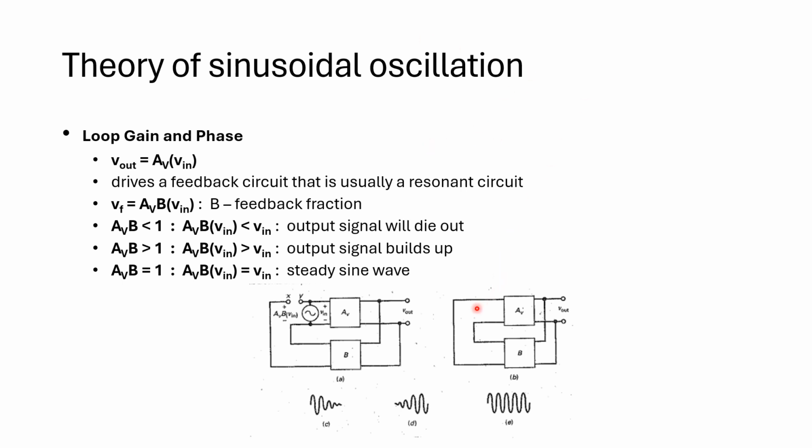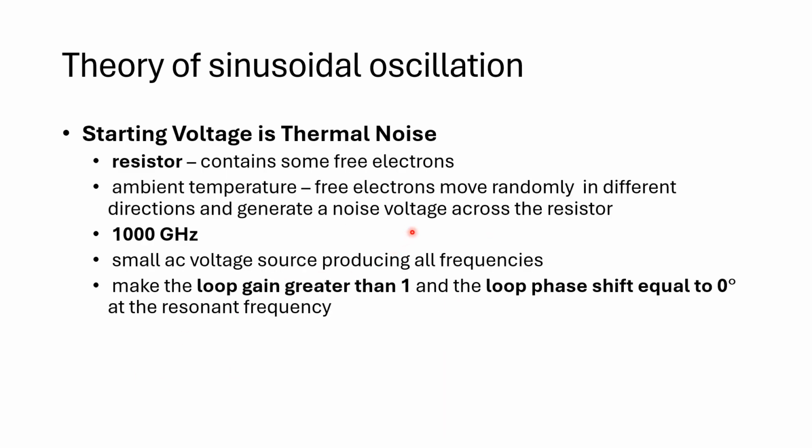For starting up a sinusoidal oscillation, we usually want AVB greater than 1 when the power is just turned on. Eventually, we have to decrease it to 1 for us to have a constant peak-to-peak voltage. So where does the starting voltage come from? The starting voltage is actually just thermal noise. It usually comes from the resistor in your circuit, because resistors contain some free electrons.